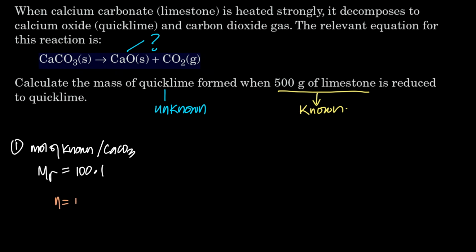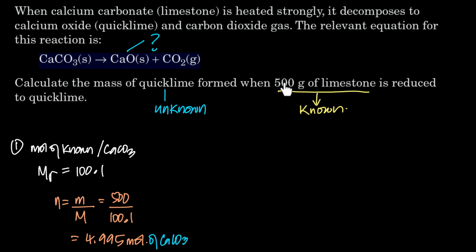So number of moles is mass over molar mass, and the mass you've given is 500, and the molar mass is 100.1, and this comes out to about 4.995 moles, which is approximately 5 moles, but that's the moles of calcium carbonate. We've done this, how to convert mass into moles, which is mass over molar mass. That's the first step, always is.